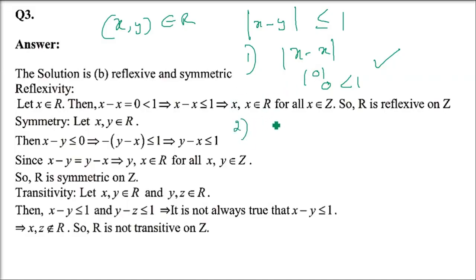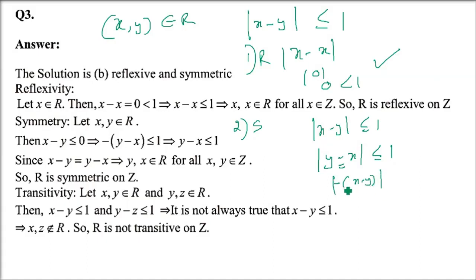The second one is symmetric. I'm just changing x as y, y as x. So x minus y, y minus x. Since this is a modulus, y minus x can be written as negative of x minus y.